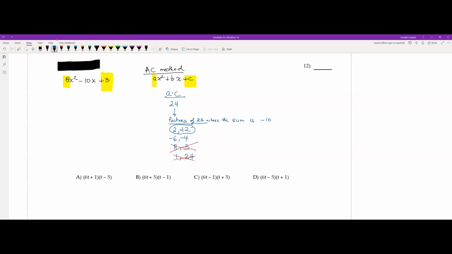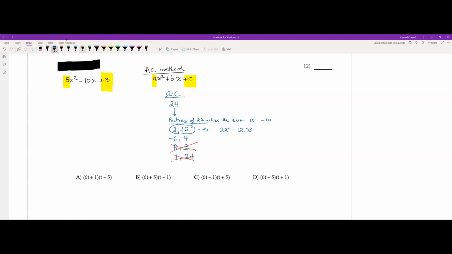Once you have identified the factors of 24 where the sum is equal to negative 10, you take one of them. So we're going to take 2 and negative 12. What we have to do here is to rewrite this as 2x minus 12x.